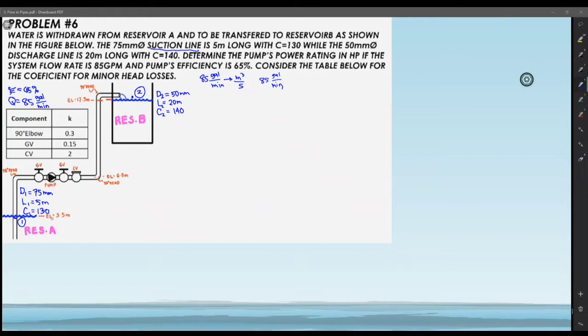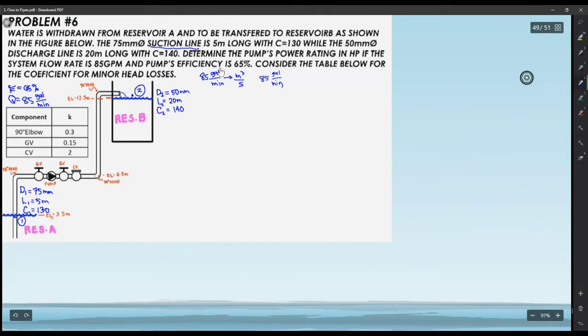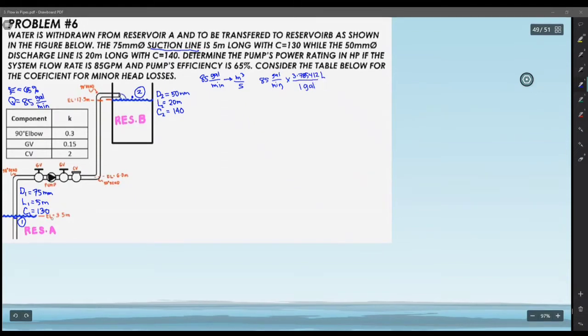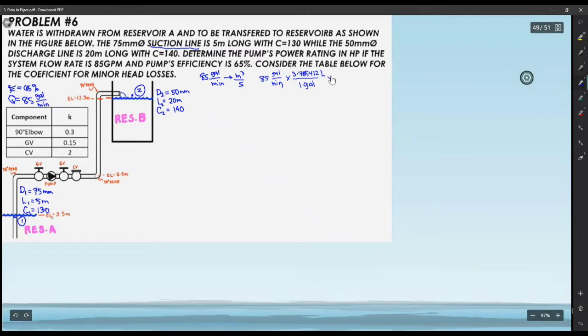So alam naman natin na 1 gallon is equals to 3.785412 liter. Okay? And in 1 cubic meter, we have 1,000 liter.